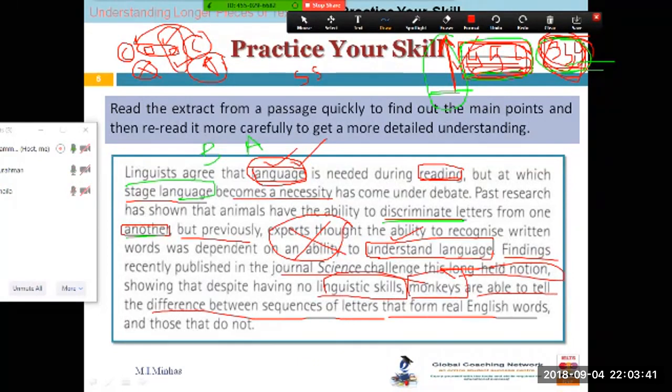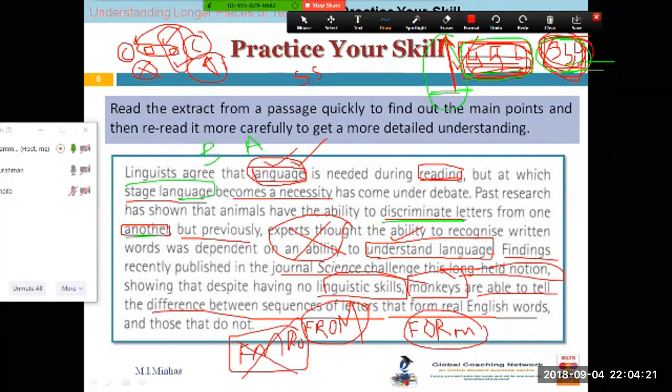Like if I write FROM, okay? And then FORM, and then if I write FMRO, now monkeys could differentiate, well, this sequence is a real English word, this sequence is a real English word, but this is not a real English word.